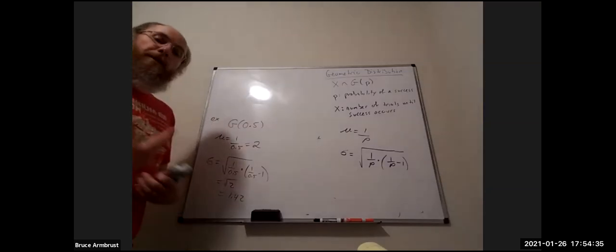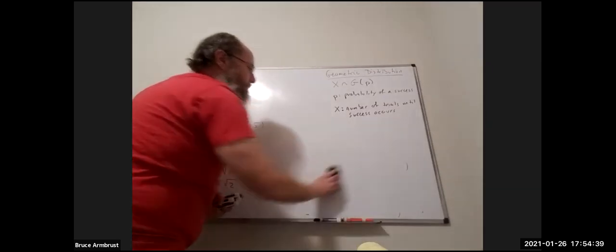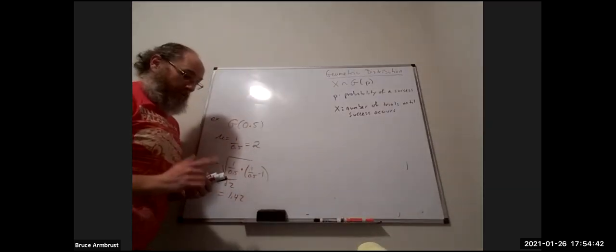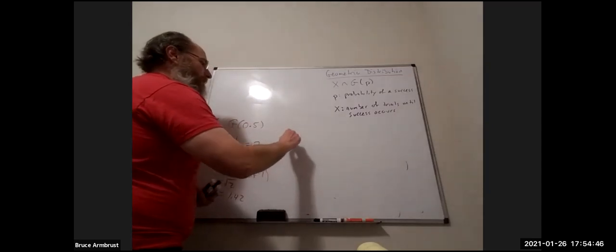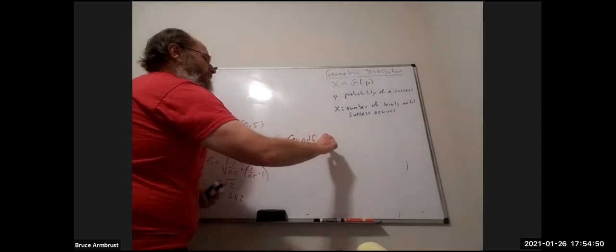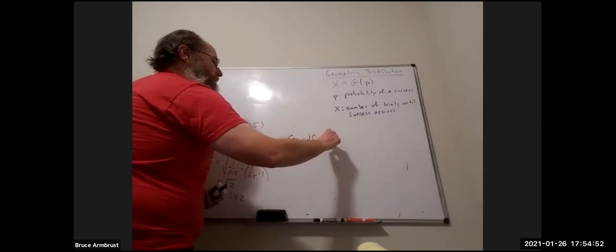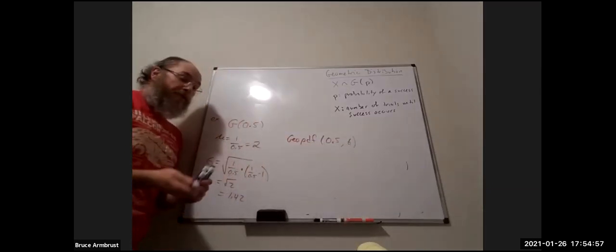All right, well, let's actually calculate now the probability that it took me 6 tries. We're going to calculate geometric PDF, where our probability was 0.5, and I'm looking for 6.